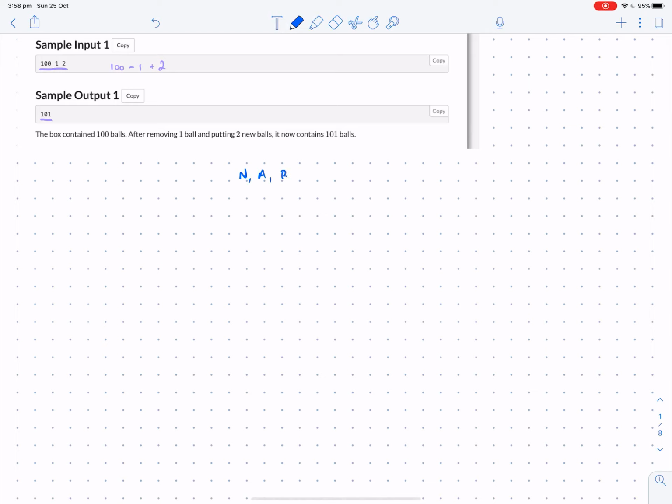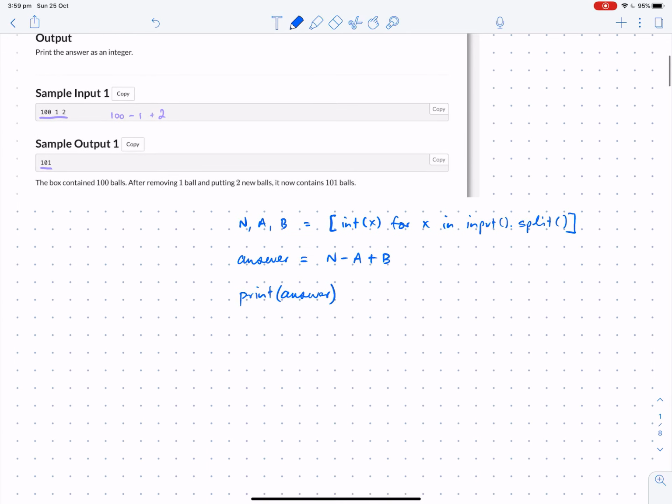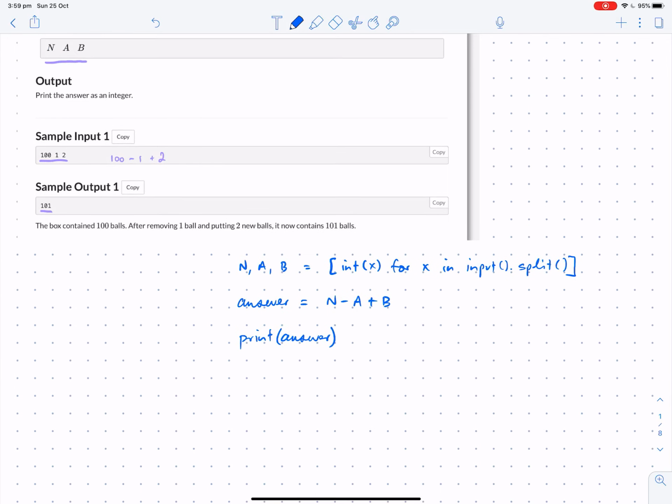N, A, B equals int(x) for x in input().split(), and then answer equals N minus A plus B, and print answer. Okay, so you can try typing that in and submitting it.